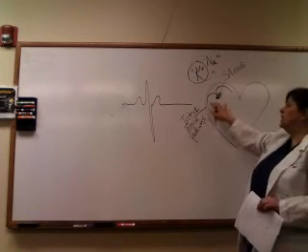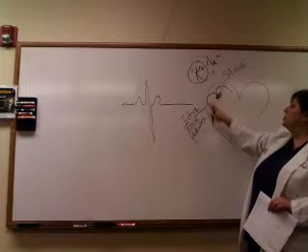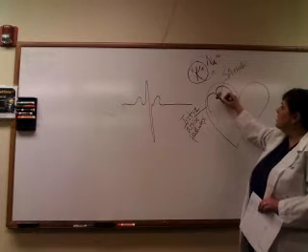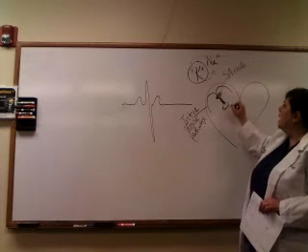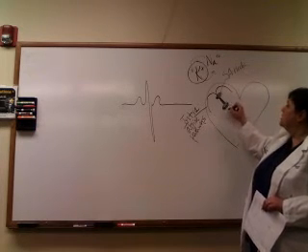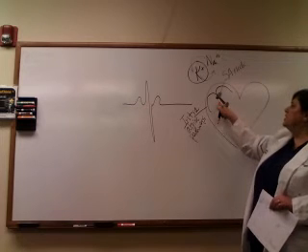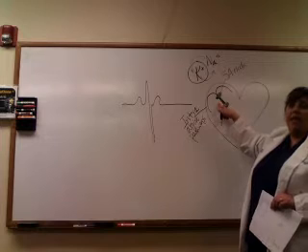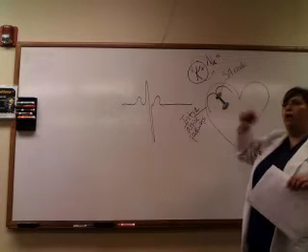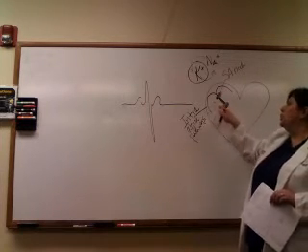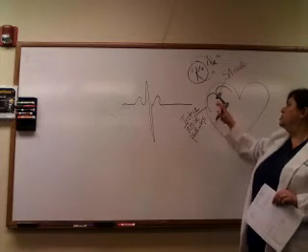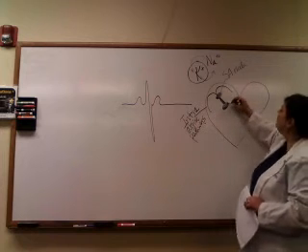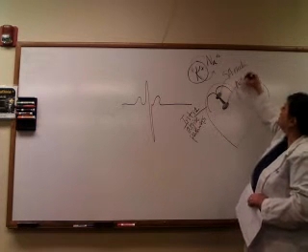When the SA node shoots electrical current this way, it also shoots down, not just up, because there's a second node down here. This little guy in between is called the internodal pathway. It's like an interstate, a road between two states. Internodal pathway, a road between two nodes. That's like a soap opera, the road between two nodes. So this is your AV node.